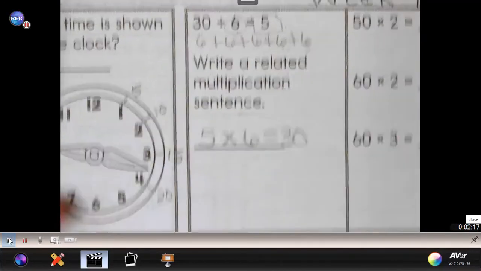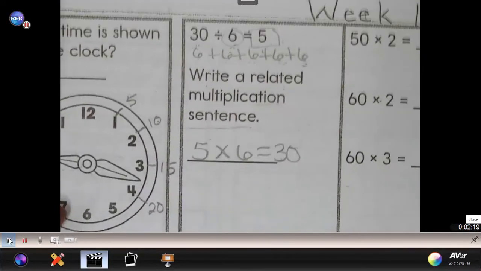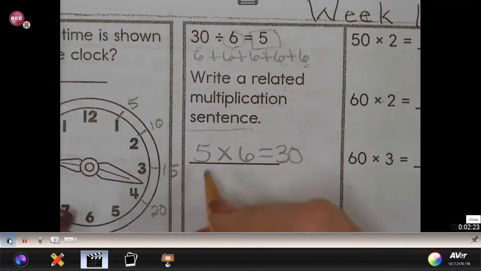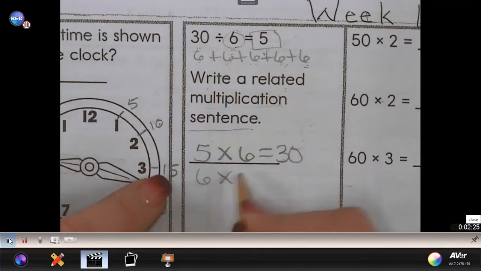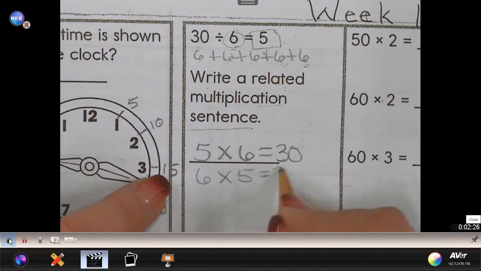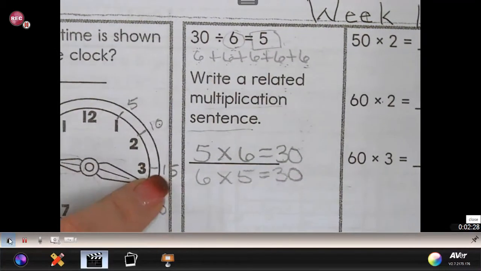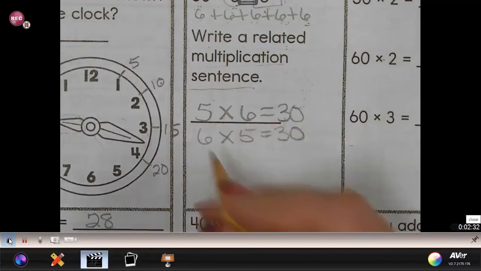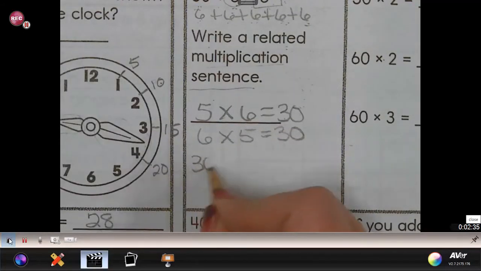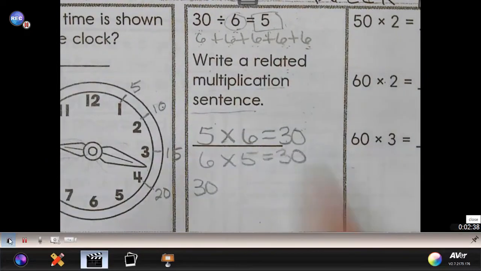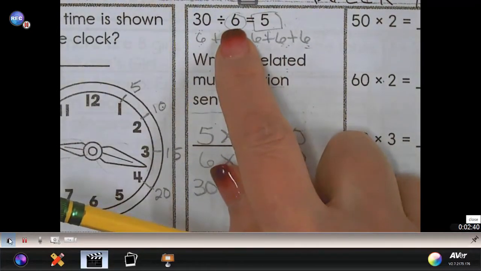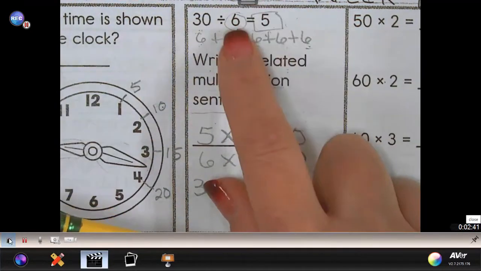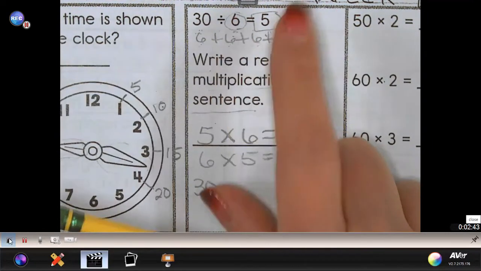Now, we happen to be working on fact families right now. So we also know that 6 times 5 would also be a related multiplication sentence to go with this. And then if we were going to complete the fact family, we could also write another division sentence. And to do this, we would switch our divisor with our quotient because we know the groups or the number in each group.